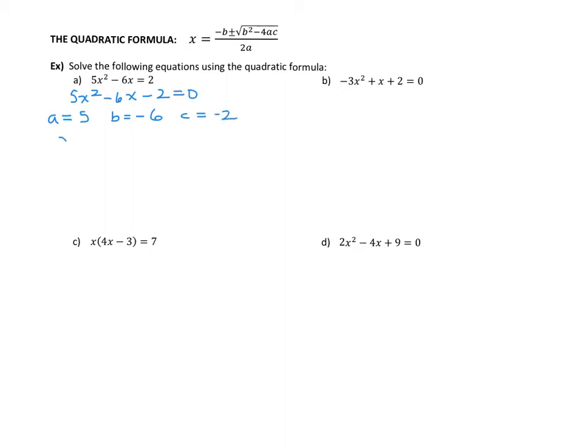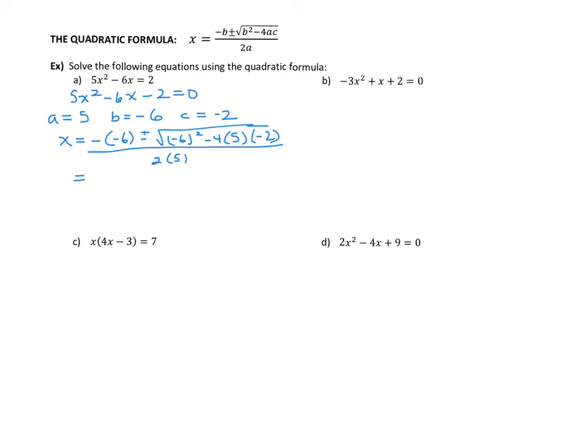So then we can say x equals negative b, which is negative 6, plus or minus the square root of b, which is negative 6, squared minus 4 times a, which is 5, times c, which is negative 2, all divided by, make sure that that line covers the entire numerator, all divided by 2 times a.